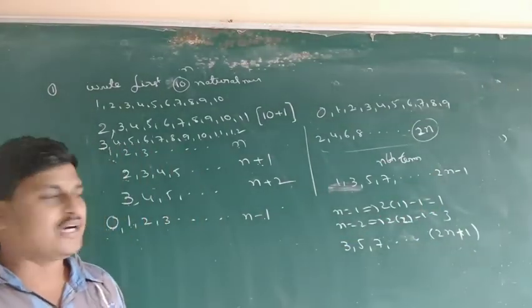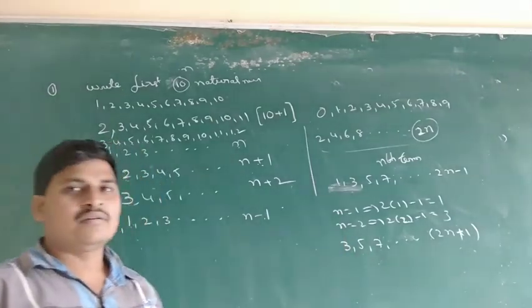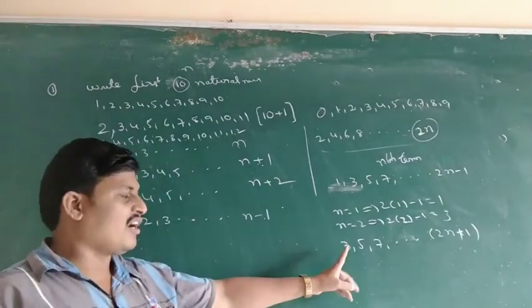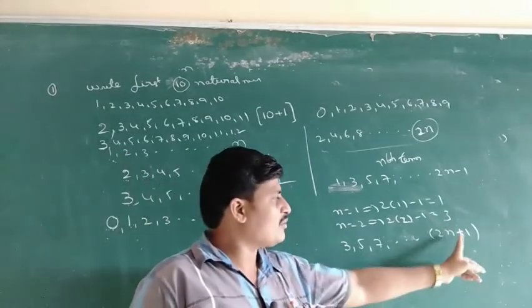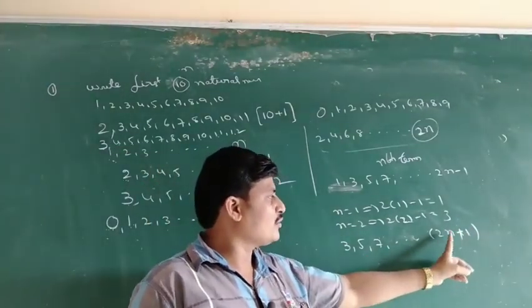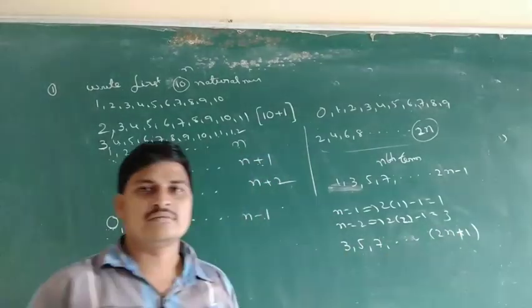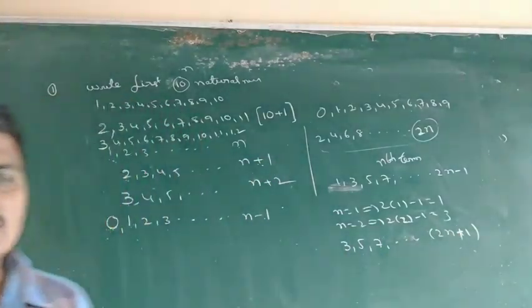Starting with 3, meaning 3, 5, 7 and so on, the nth term is 2n plus 1. Put n is equal to 1: 2 into 1 plus 1, 3. Okay, clear?